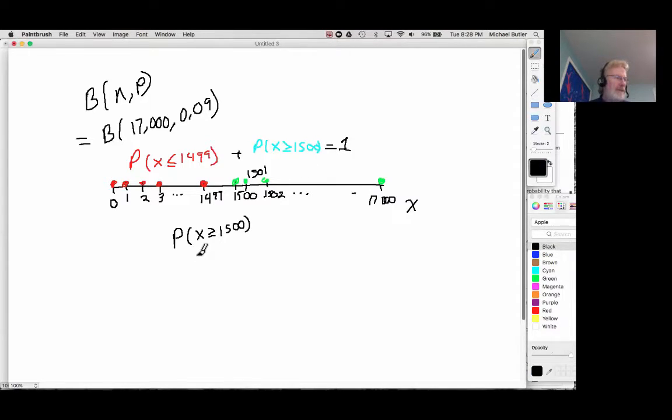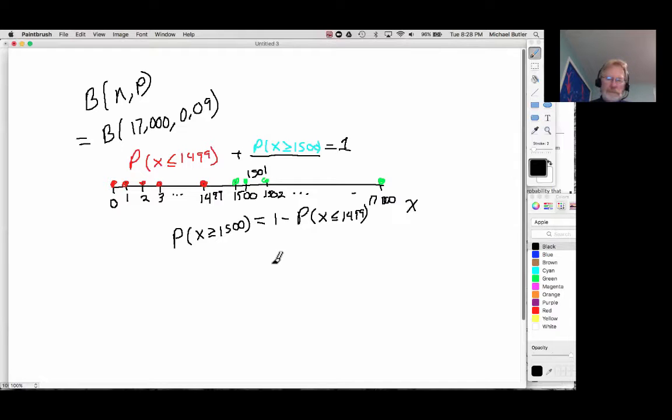The total probabilities have to always add up to 1. If you take all the possible probabilities and add them all together, they have to sum to 1. That's a fundamental of probability theory. So what we want is the probability of x being greater than or equal to 1500. So we're going to solve this equation up here for that. This is going to be 1 minus the probability of x being less than or equal to 1499.